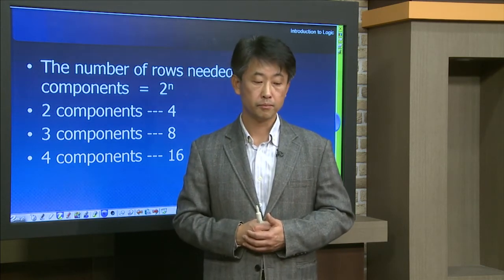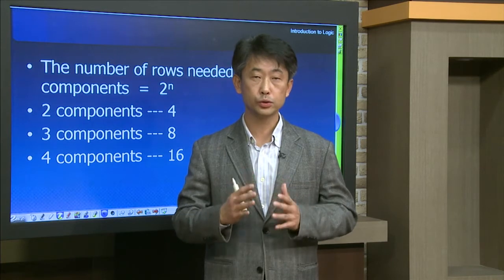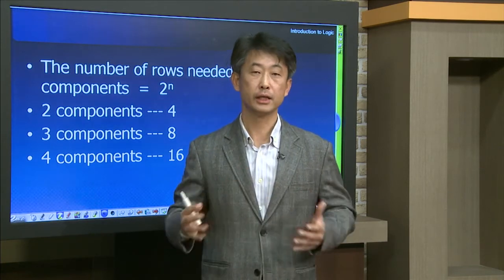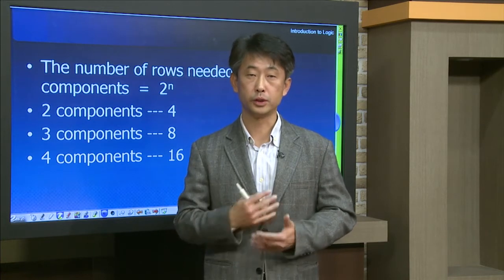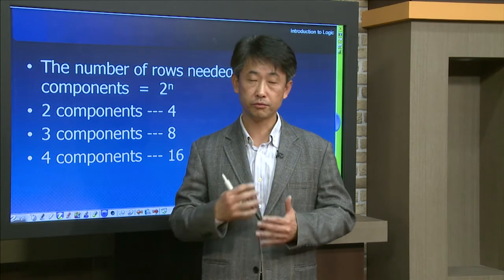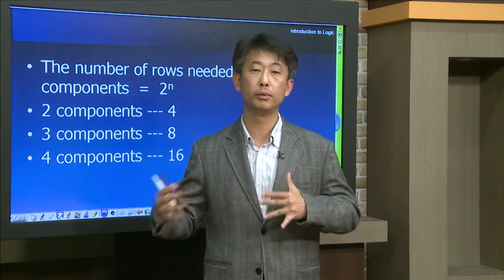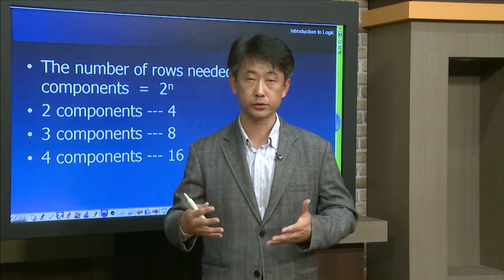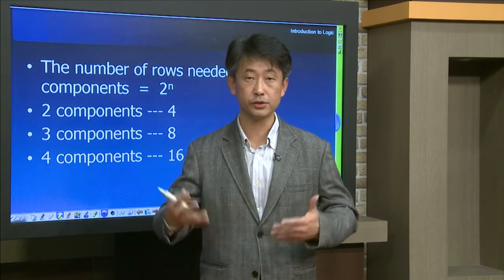In principle, we can use a truth table for any argument to determine whether it is valid or not. But for an argument with many component sentences, the truth table method can be cumbersome and inefficient.